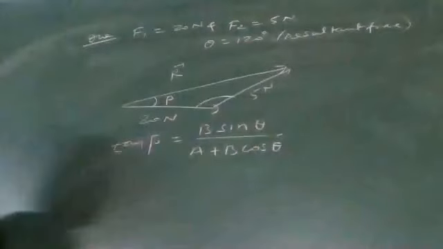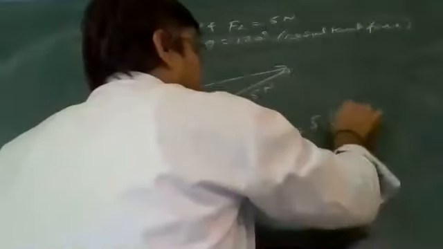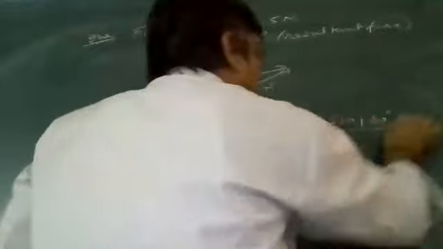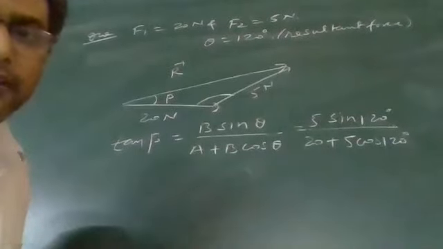Now, what is B? B is your 5 sin 120, divided by A, which is your 20 plus 5 cos 120. Now again, I need to find the value of sin 120.